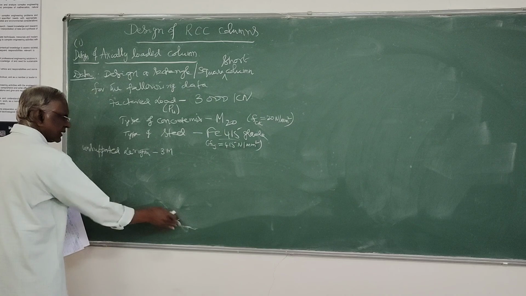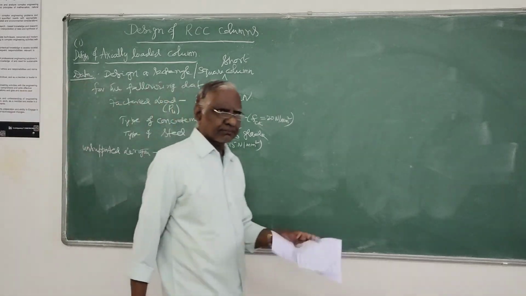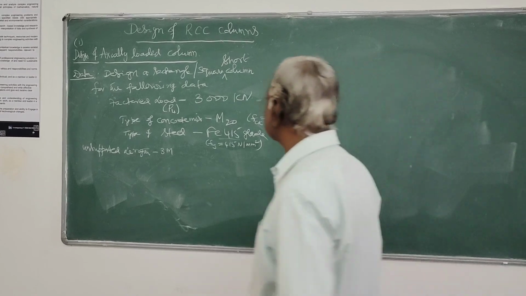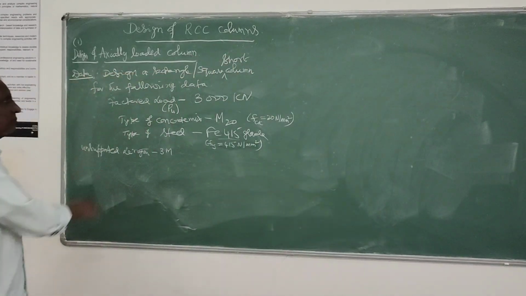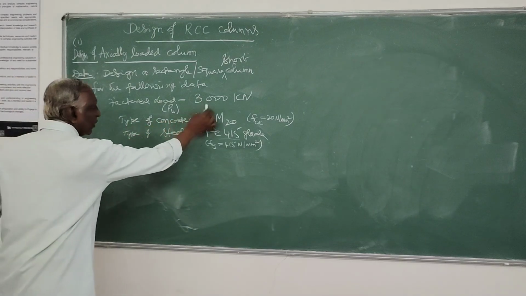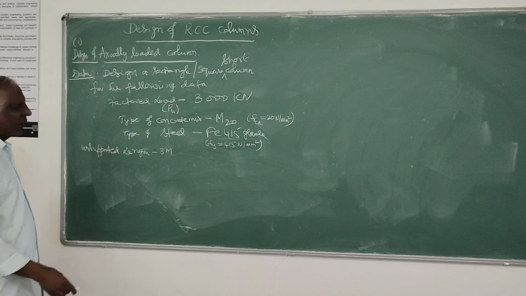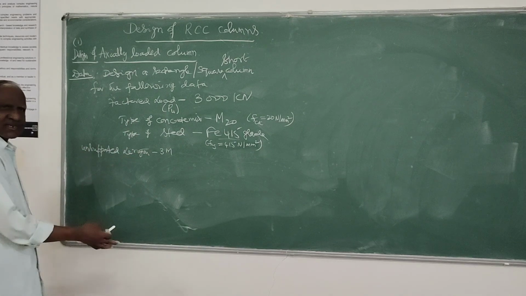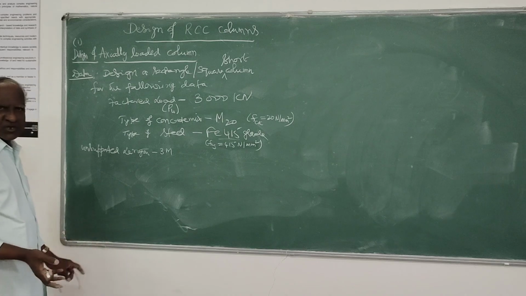You can design this particular column for this particular data. Of course, you can see what are the data I told you hitherto. You should know what should be the load coming on the column and what are the type of mix, type of steel. These are all known things to start with.